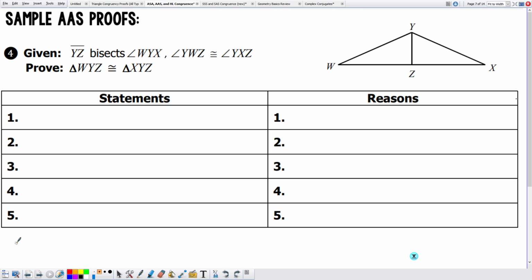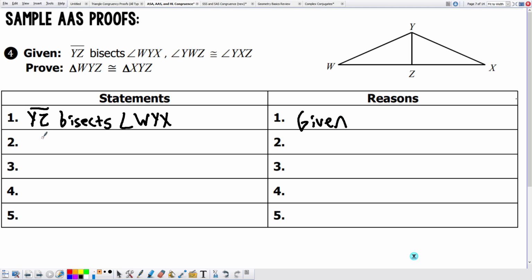And now we have to fill out both statements and reasons. Statement number one should be whatever my given is. All right, we have the fact that YZ bisects angle WYX. That's a given.